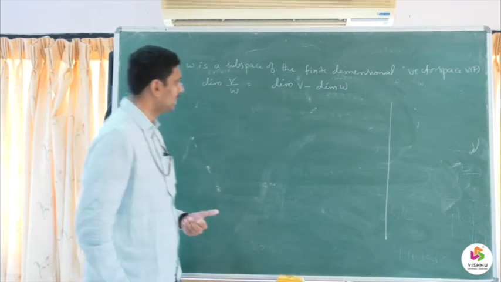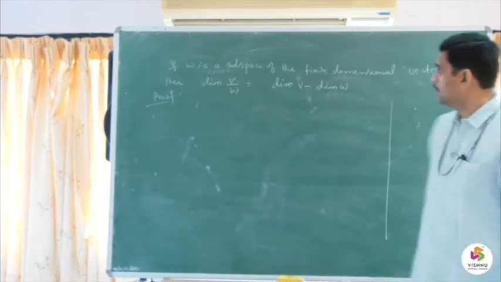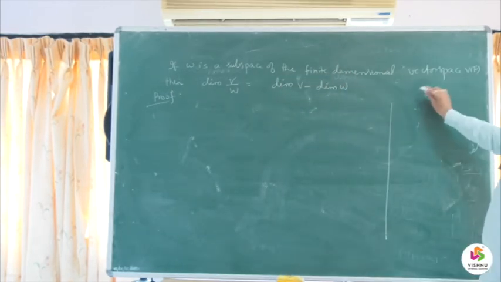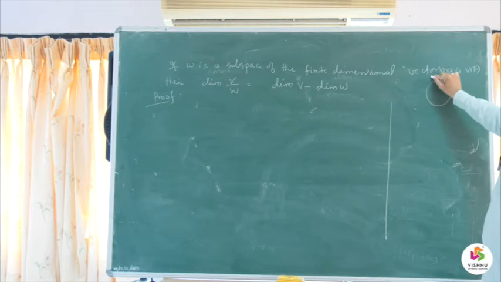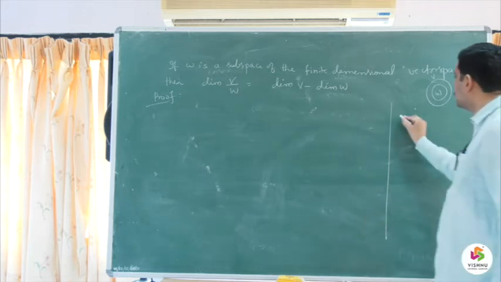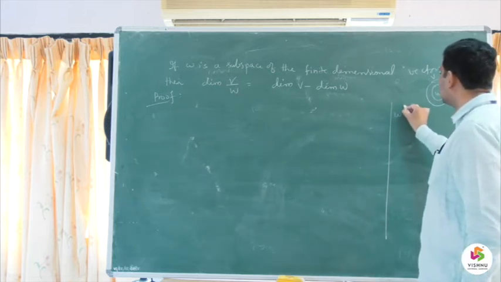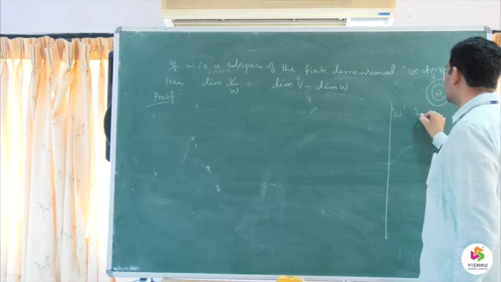First of all, imagine the picture. It is given that V is a vector space and W is a part of it. So for W, take a basis.